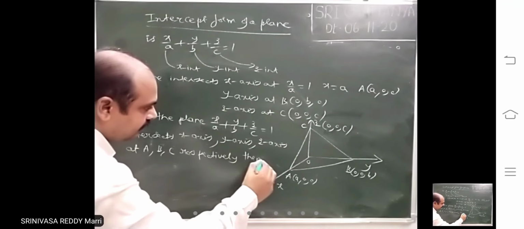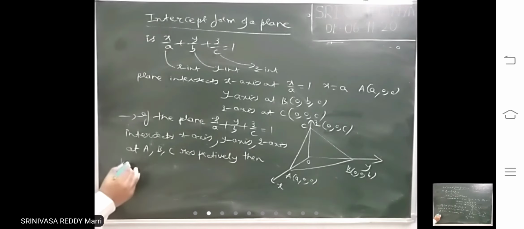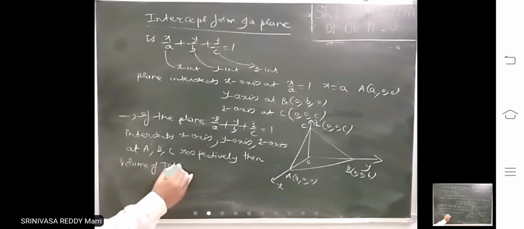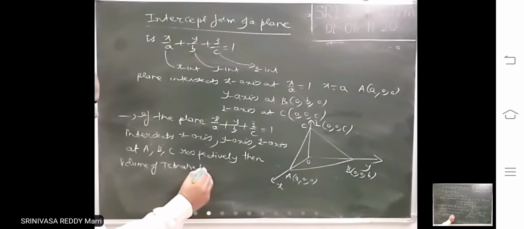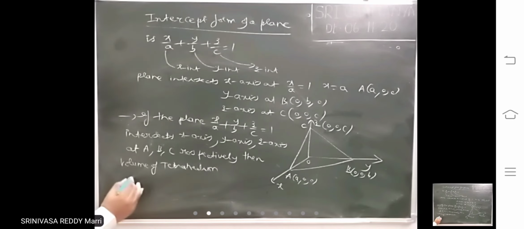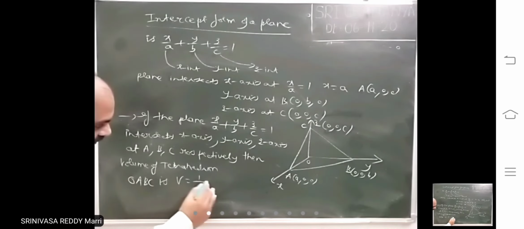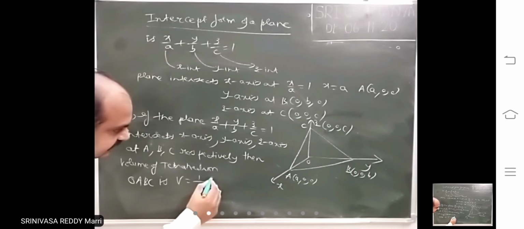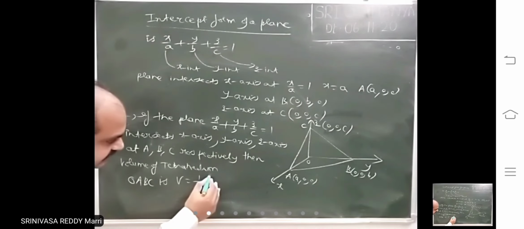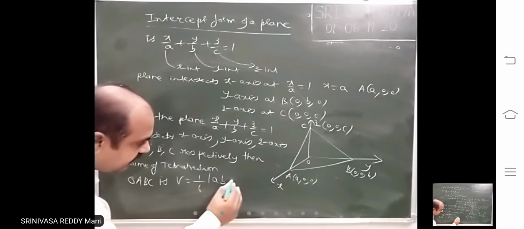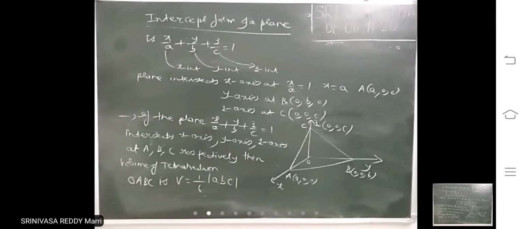Then the volume of tetrahedron OABC is V equals 1 by 6 into modulus of ABC.